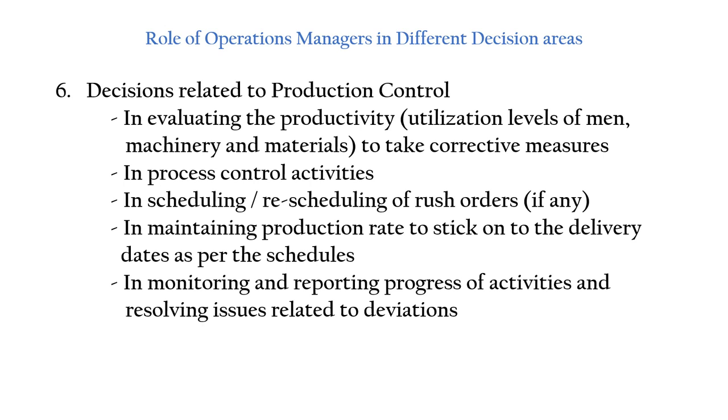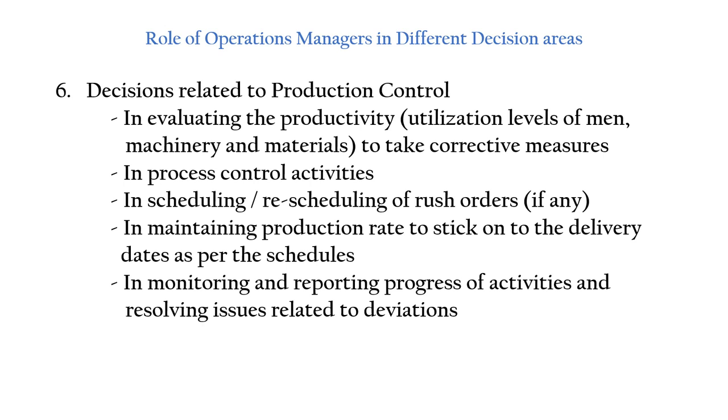Then in maintaining the production rate, that means every machine has its own capacity, and depending on the production rate, we will plan the delivery dates for the products to be delivered to the customers. So in order to stick to the delivery dates, we have to see that the production rate is properly maintained. Otherwise, the deliveries may be delayed.